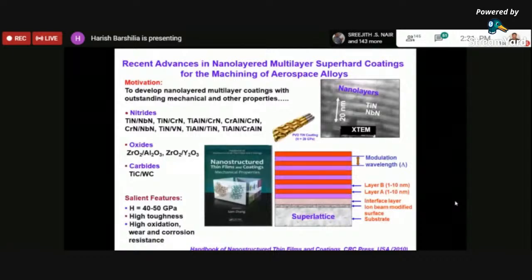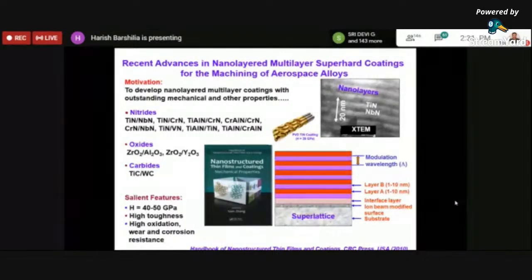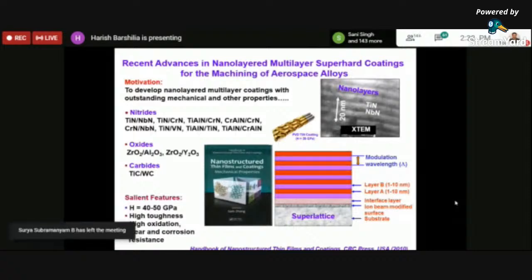So now this is the development of hard coating, mainly for machining of aerospace alloys. As you know, machining of superalloys, for example Inconel and Nimonic, with conventional cutting tools such as HSS, M2, M40 or tungsten carbide, has certain limitations.